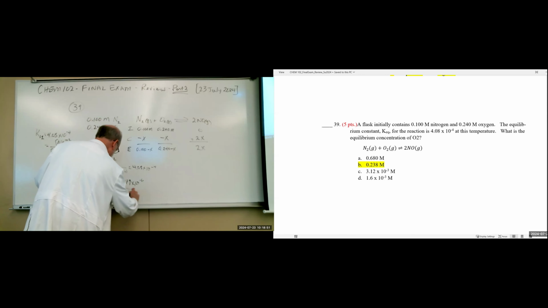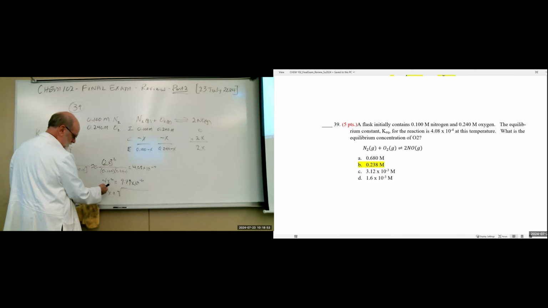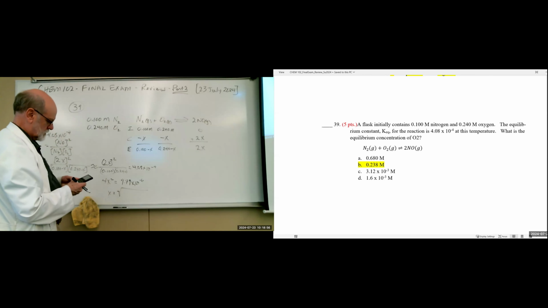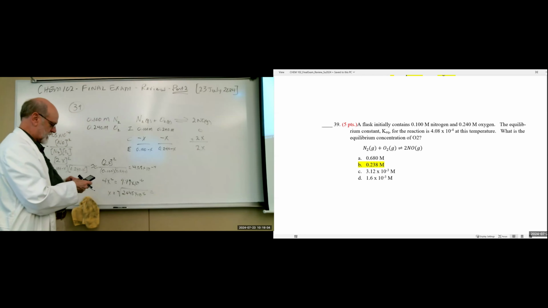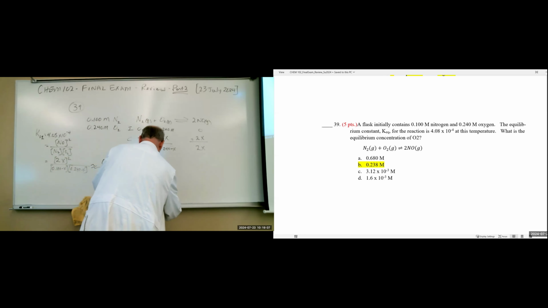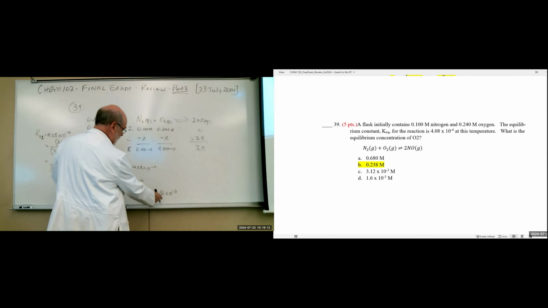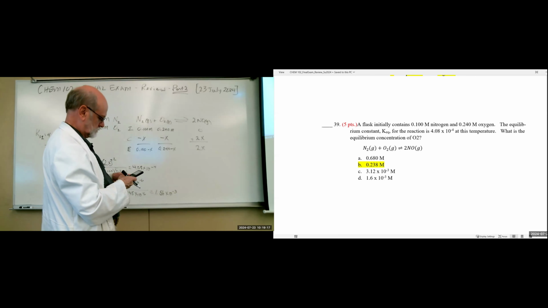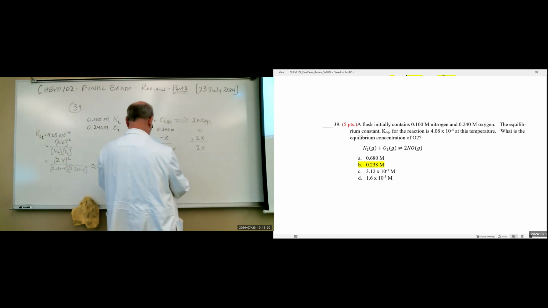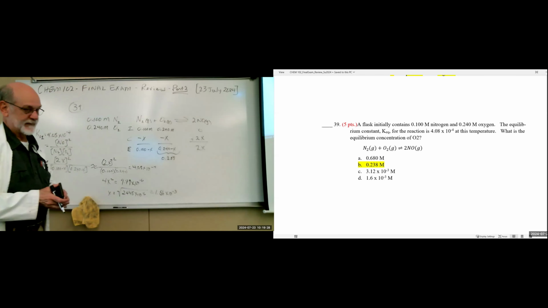And X squared is this number divided by 4, which is 2.448 times 10 to the minus 6. So X is the square root of that one, which is 1.56 times 10 to the minus 3. Now we just subtract this one from 0.24, which is 0.238 molar.